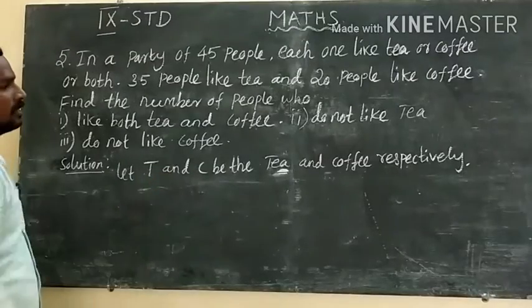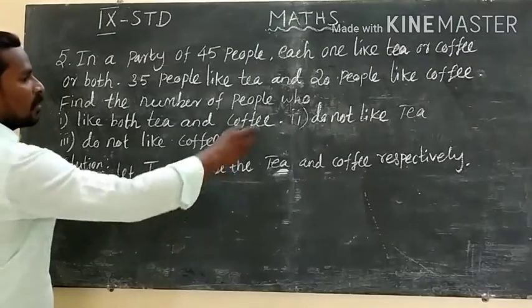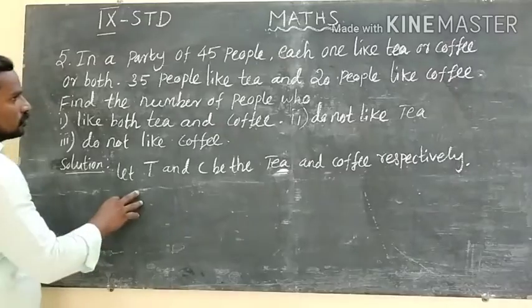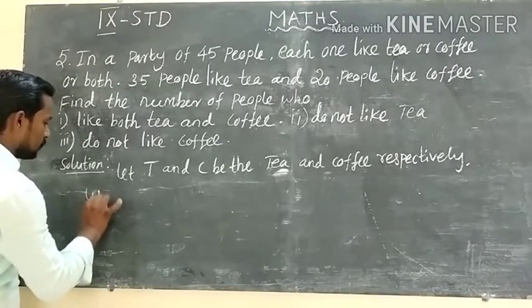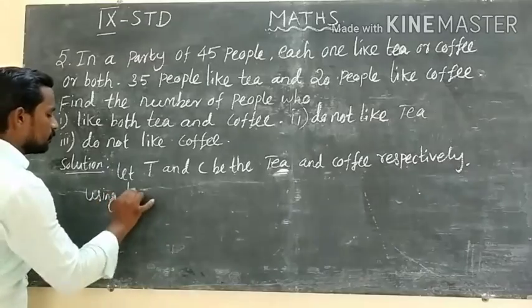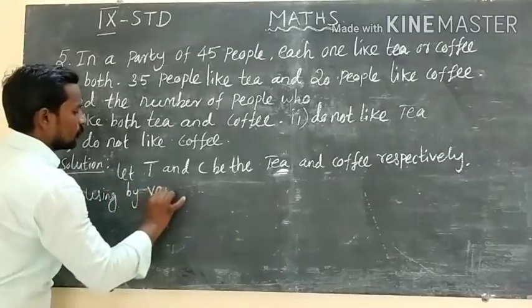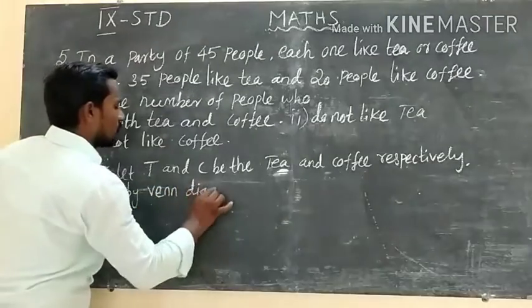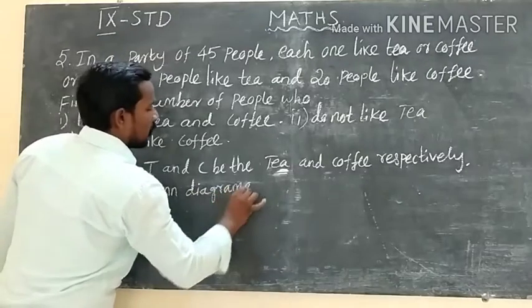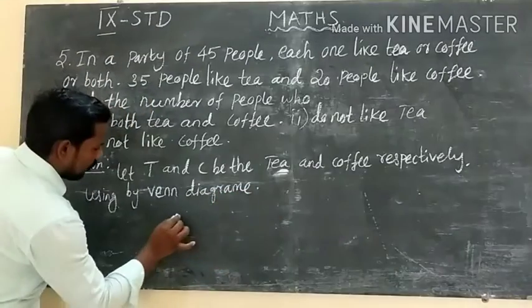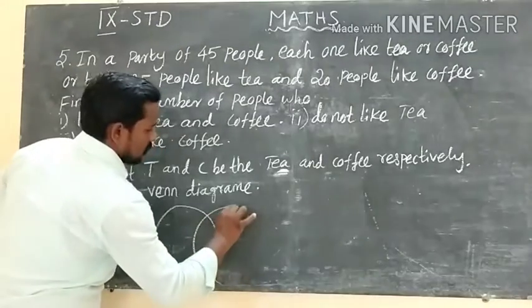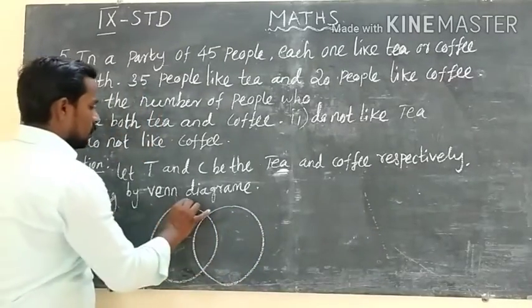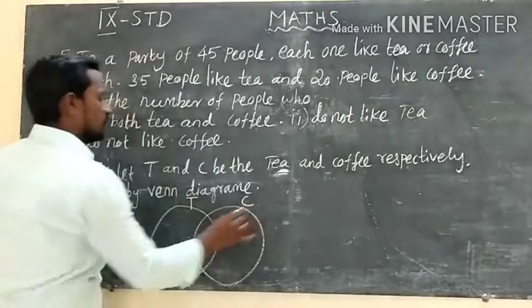So form the diagram using a Venn diagram. Okay, this is for T, this is C.